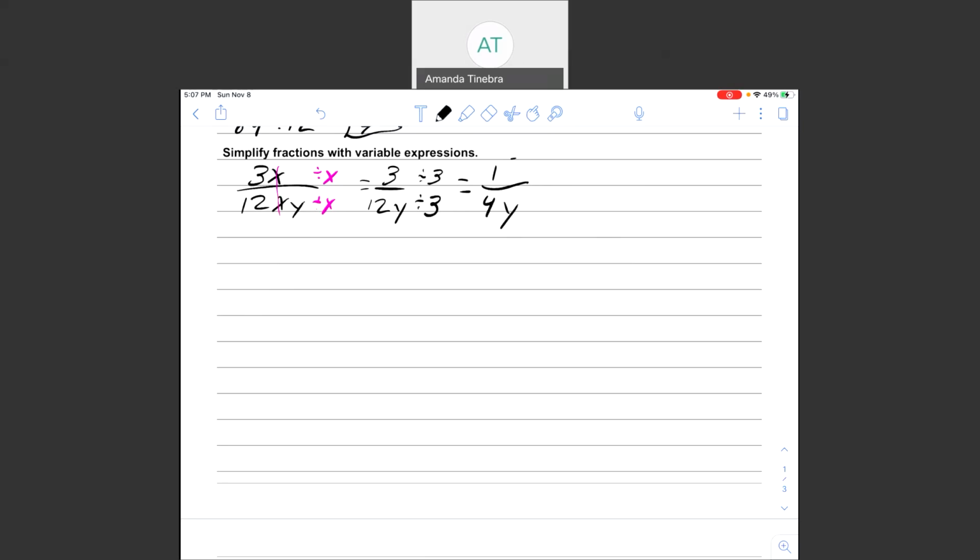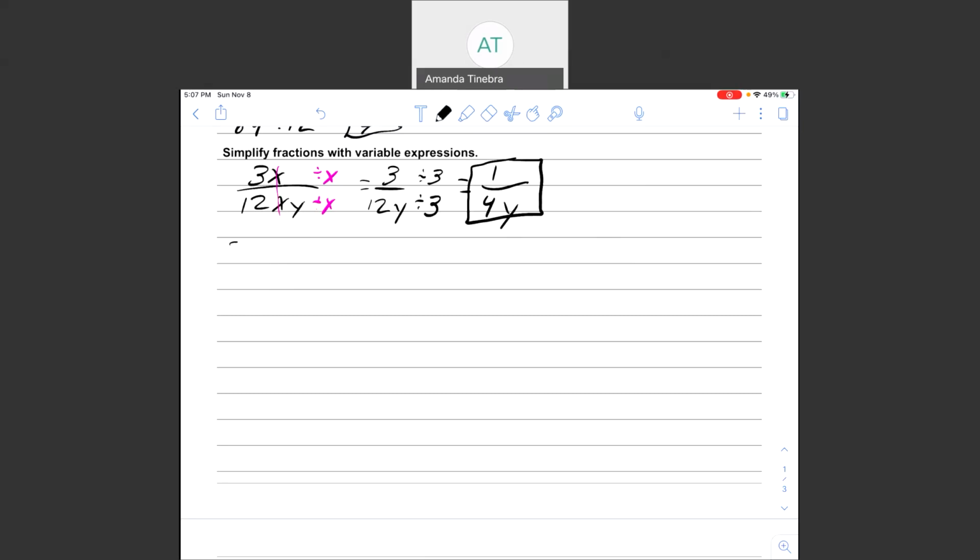And so my answer to simplifying this is 1 over 4y. We've done simplifying fractions before, but this is the first time we're going to be simplifying with x's and y's and variables involved, okay? But it's the same exact thing as when we do it with just numbers. We're going to find things that are in common on the top and bottom, and as long as we can take it out from both the top and the bottom, it's still equivalent.